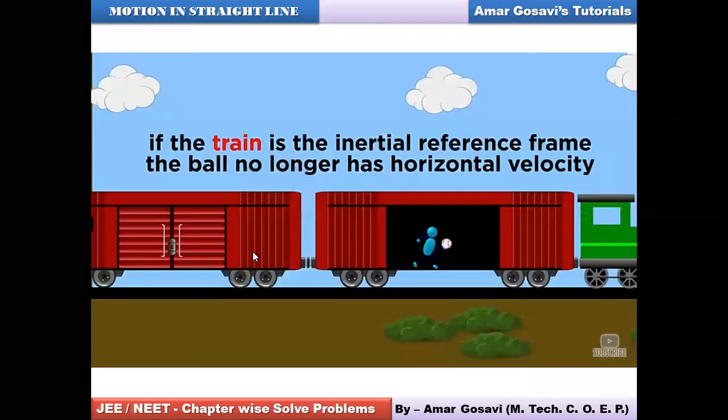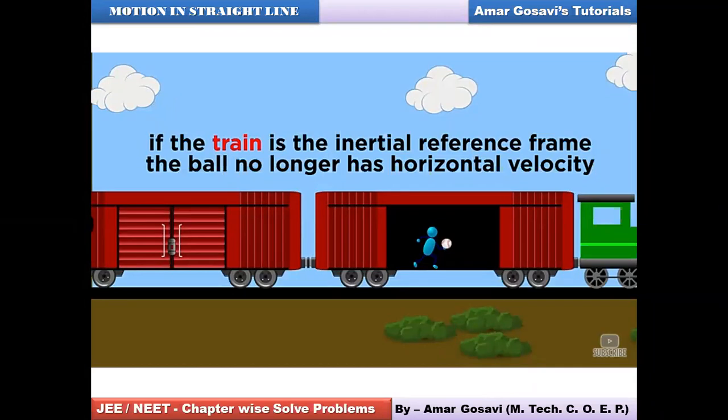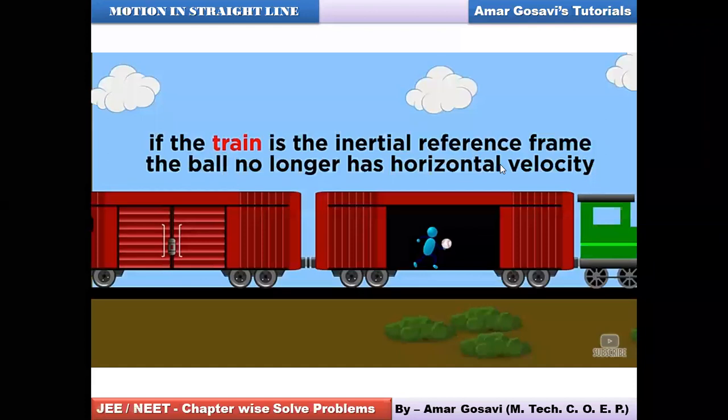You can see if the train is in an inertial frame of reference, the ball no longer has horizontal velocity, because the person is holding the ball and he is in the wagon. Because the train is in an inertial frame of reference, the ball won't have any horizontal velocity. Just because the train is moving, the ball won't move on its own.